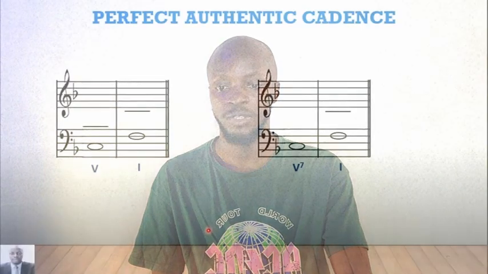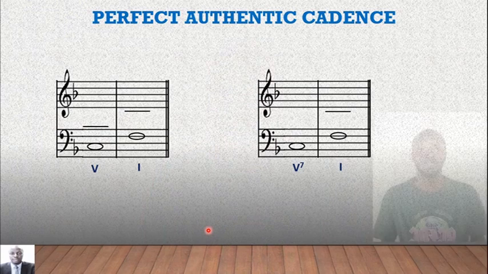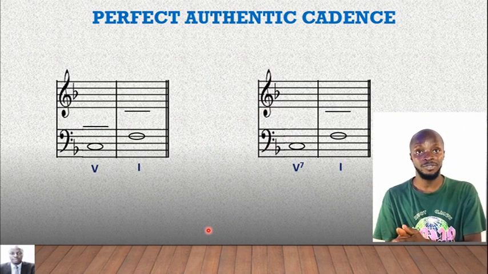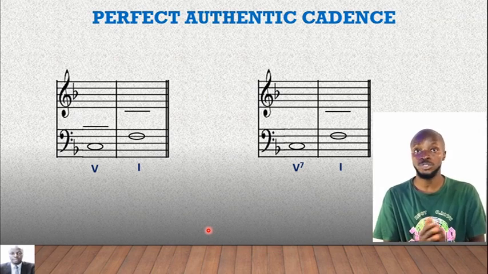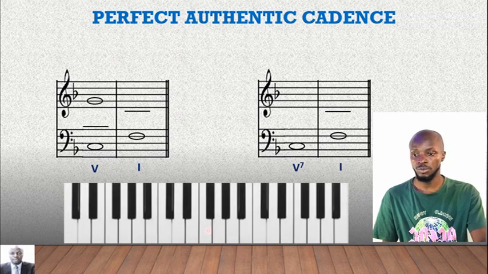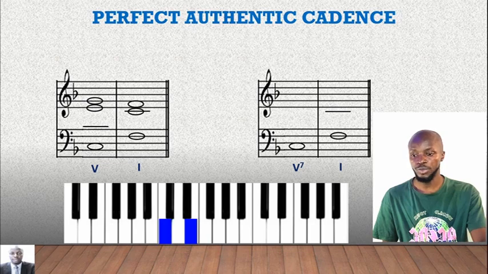Now let's continue. This is an exercise on perfect authentic cadence, so I want us to solve it together. It shows that a perfect authentic cadence can progress from 5 to 1 or 5-7 to 1. Let's try to create a perfect authentic cadence using this. We are still in F major. So we have our soprano coming down, so, re, do, the alto, that's the second part, going to C, and we have the tenor going down.